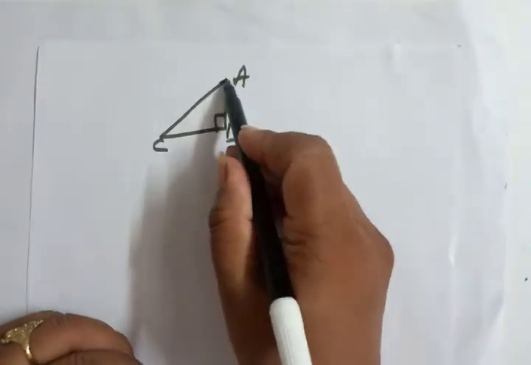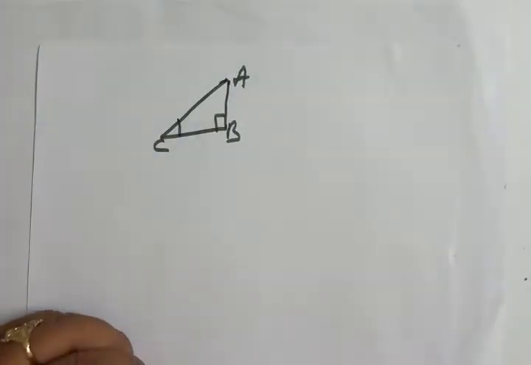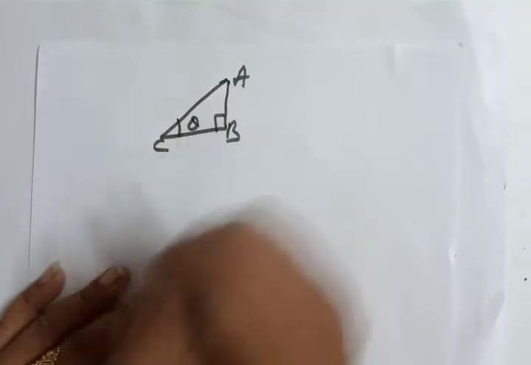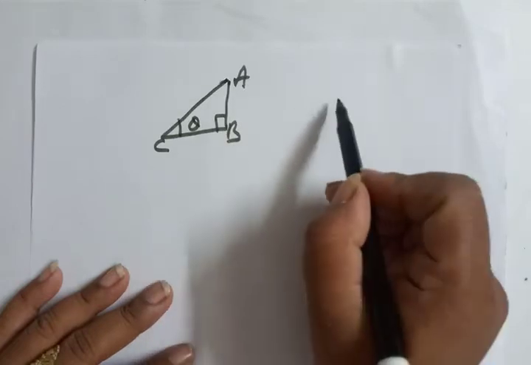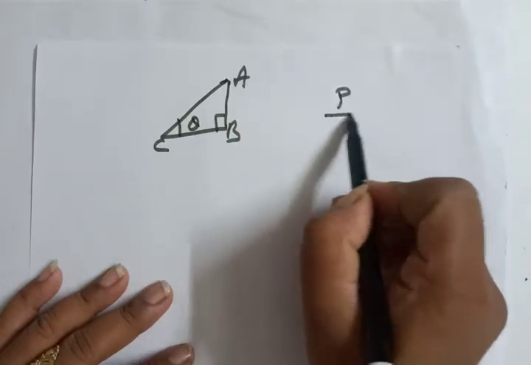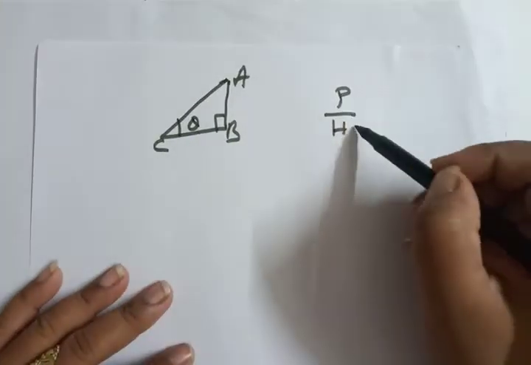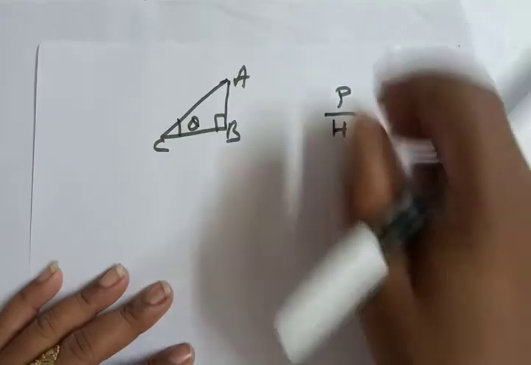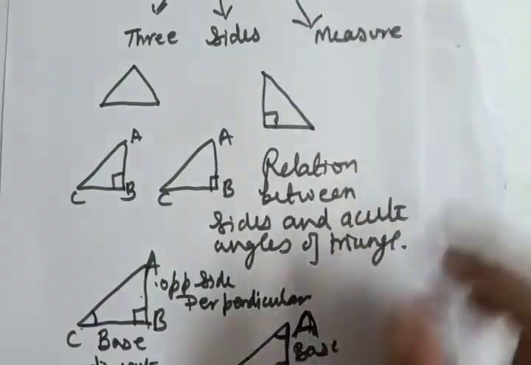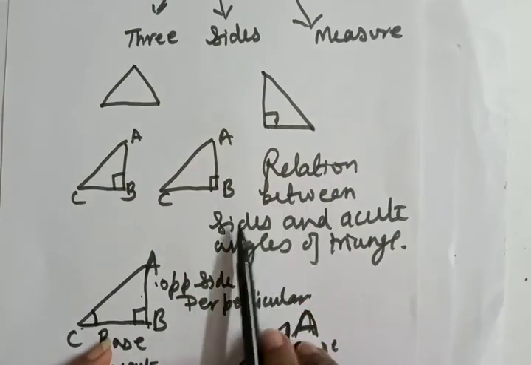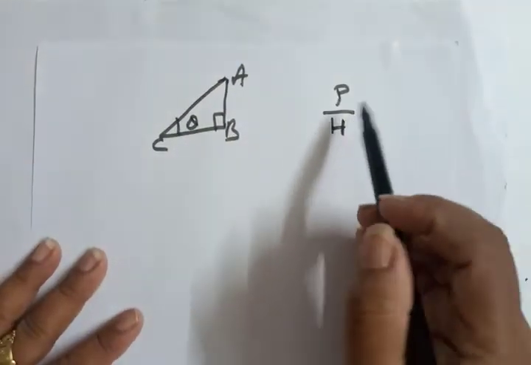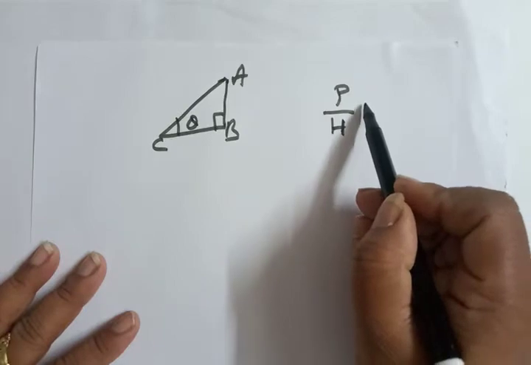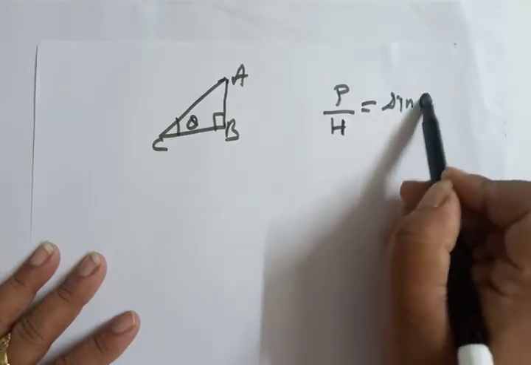Suppose I have taken this angle C and named it theta. As I told you, in trigonometry there is a relation between the sides and the acute angles of a triangle. So perpendicular upon hypotenuse, that we have given the name sine of theta.